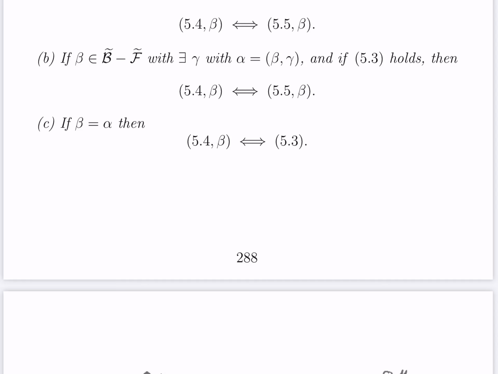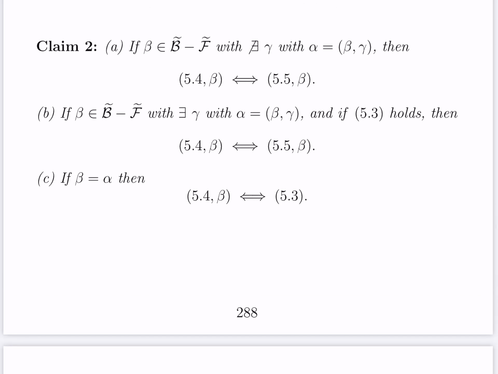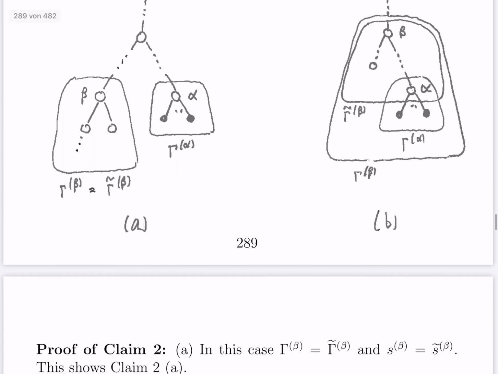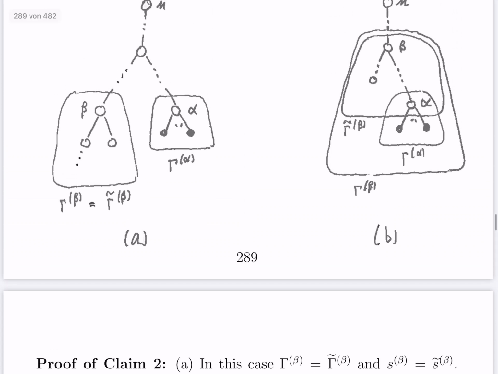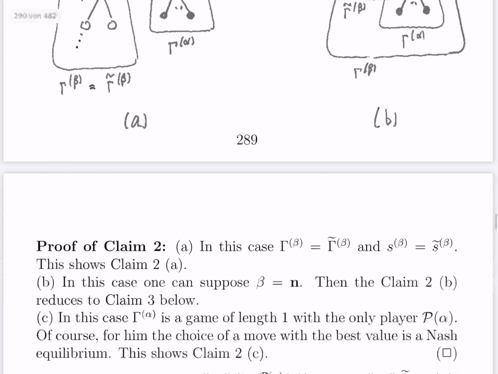So the least trivial case is the case B, where the non-final play beta comes before the play alpha. In that case, we can somehow forget everything which comes before beta, so we can restrict to the situation where beta is equal to the start play n.